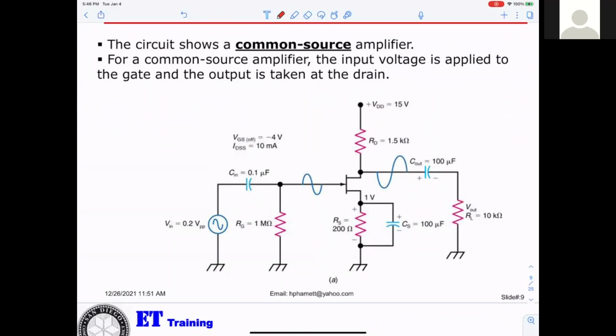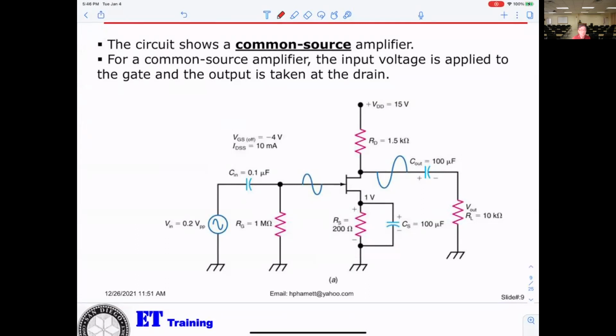Is that like self-bias, you mean? Exactly. That is the first thing when you're looking into the amplifier circuitry of the JFET, you have to know what bias they're using. Because there's no battery where the 1 meg is at, that's why it's self-bias. Now, before you do any AC calculation, you have to do a DC bias first.